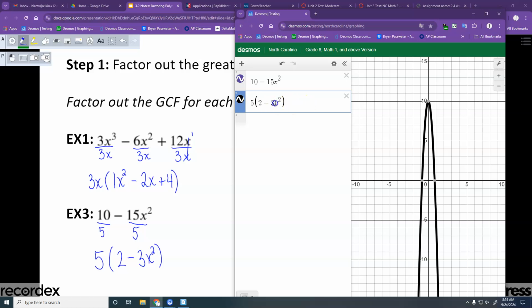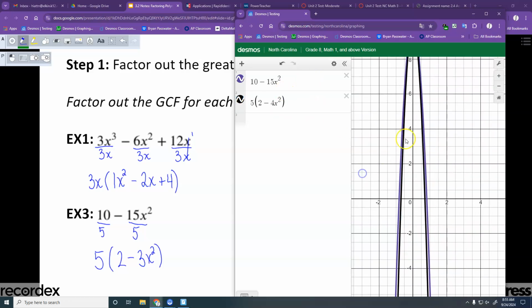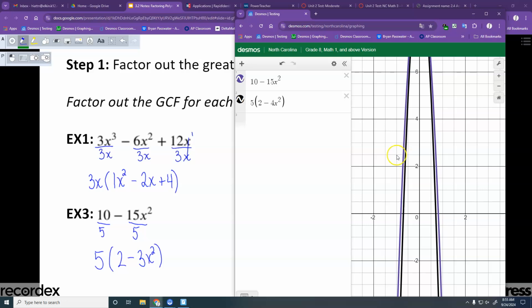If you mess it up, like for example, if you've got a 4 right here, you'll see they're not quite the same graph. They're close, but if you zoom in enough, they're not the same graph, so that would let you know you did something wrong.